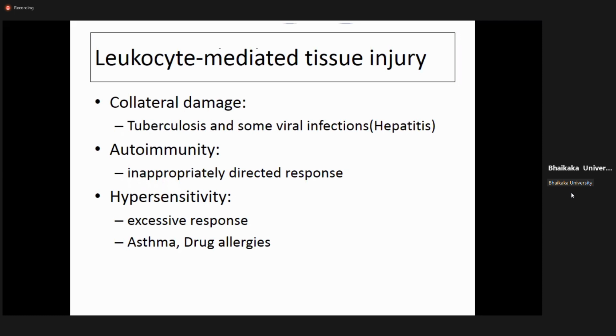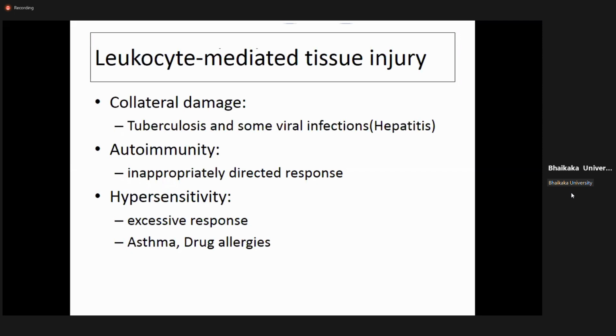prolong the inflammatory process. Second is autoimmunity, where the cells fail to distinguish self antigen from non-self antigen and mount an immune response against the self antigen, which is an inappropriately directed response. Third is hypersensitivity, which is an exaggerated response to any antigen that is trivial in nature, like dandruff or dust particles.